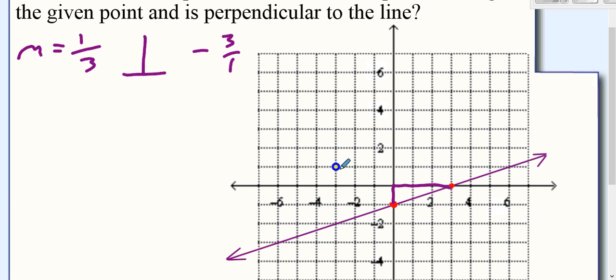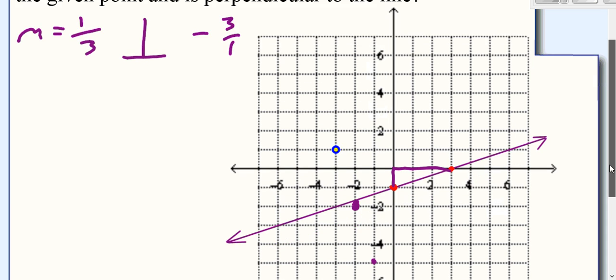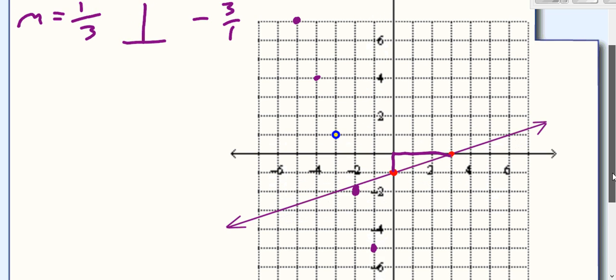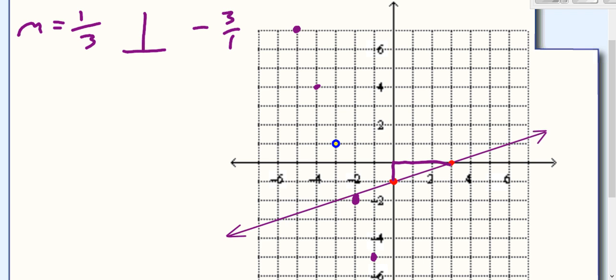You go down 3 over 1. If you wanted to continue it the other way, you could go up 3, left 1. So that's our perpendicular line.